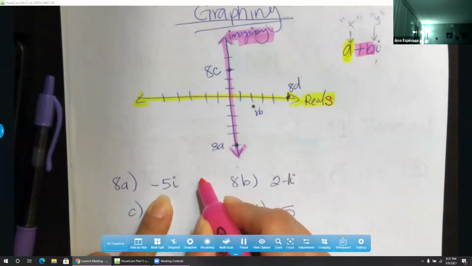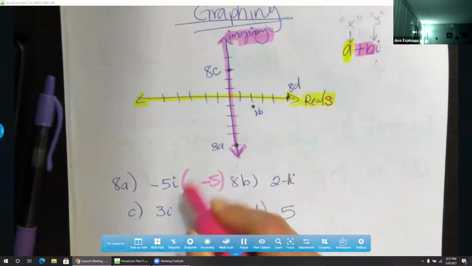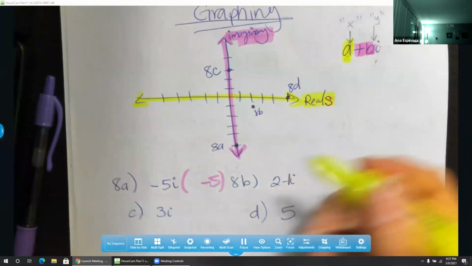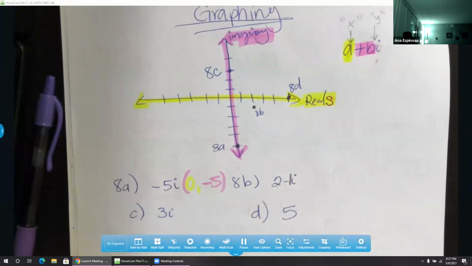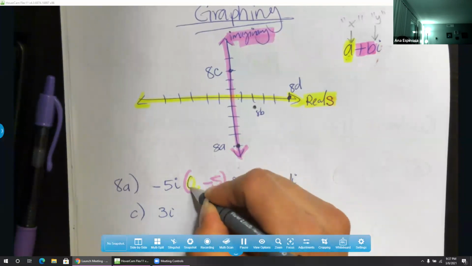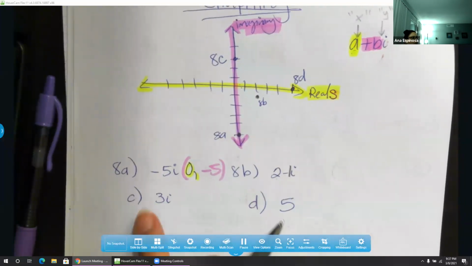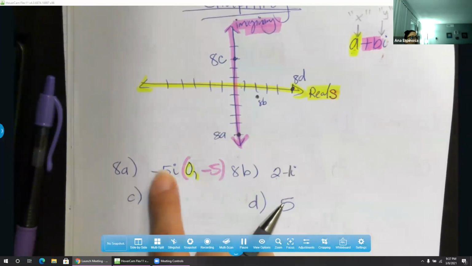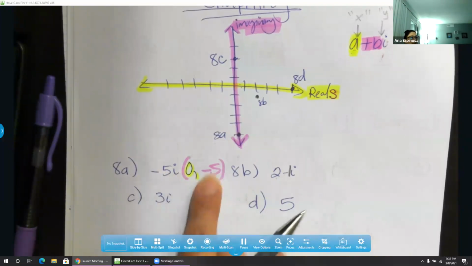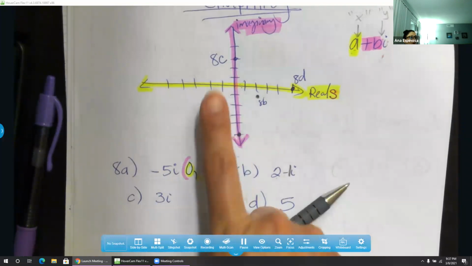And it doesn't have an a, so that's 0. I know it's hard to see the 0.